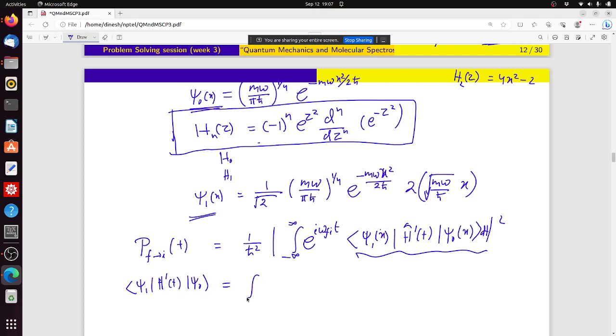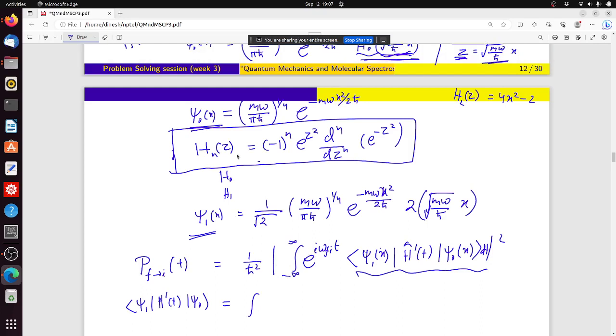This I can write in integration form as this. Okay, sorry, this is the limit for time, not x. So this will go from 0 to t, and this x will go from minus infinity to plus infinity.